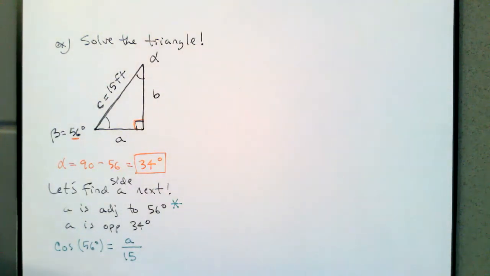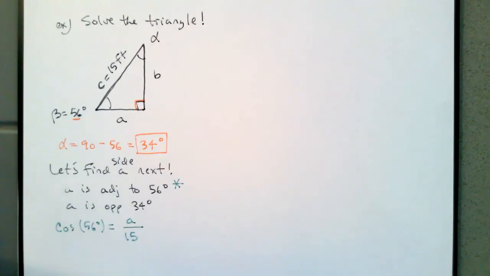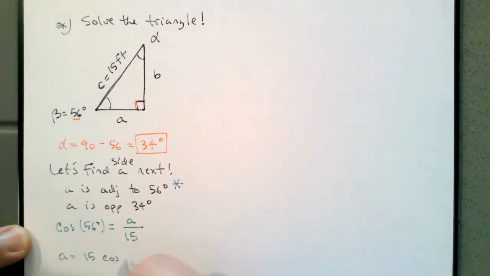Take the two pieces of information that were given and drop them into our trig ratio. To solve for the numerator, I just multiply both sides by 15. And so A is 15 cosine of 56, and that's what I'll ask my calculator about.